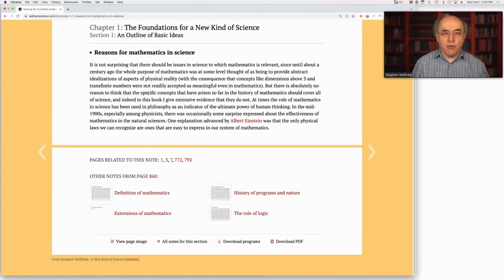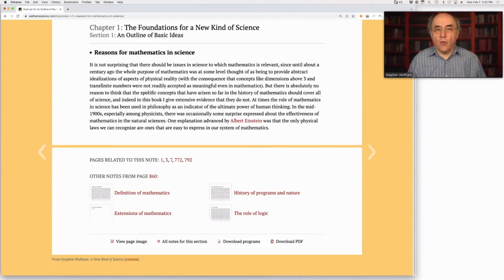Well, I say here, it's not surprising that there should be issues in science to which mathematics is relevant, since until about a century ago, the whole purpose of mathematics was thought to be to provide abstract idealizations for aspects of physical reality. The issue, though, as I say here, is that there's no reason to think that the ideas that have emerged in mathematics in the past are ones that will cover all the kinds of things that the natural world throws at us.